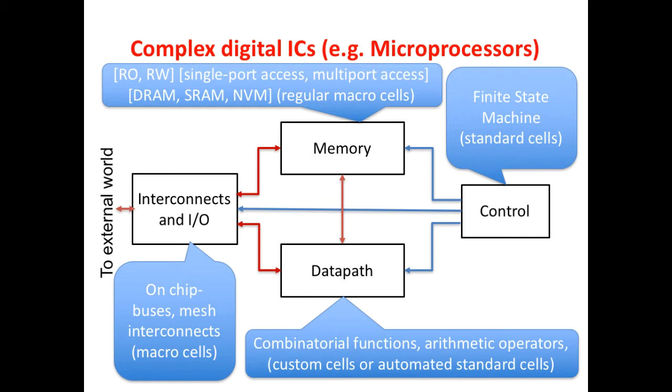So in complex digital circuits, we have different main parts, main blocks, and each of those has different types of components. They can be standard cells, they can be specific macro cells.